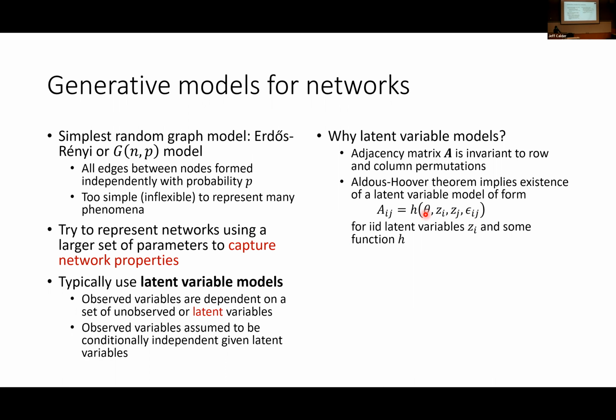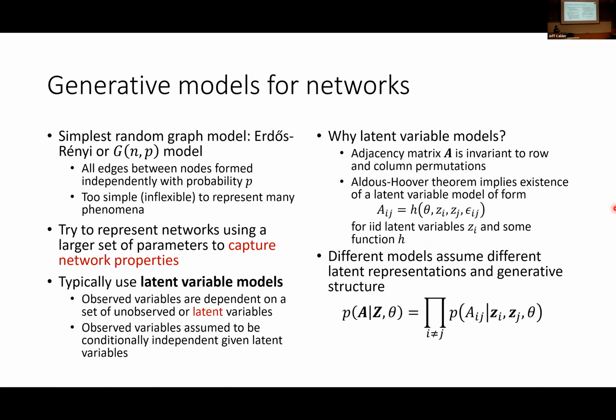So the Aldous-Hoover theorem is an existence theorem, so it implies the existence of a latent variable model of this type, where you have independent and identically distributed latent variables. Now, it's an existence theorem. It doesn't tell you anything about what that function H looks like, or what the latent variables should be.